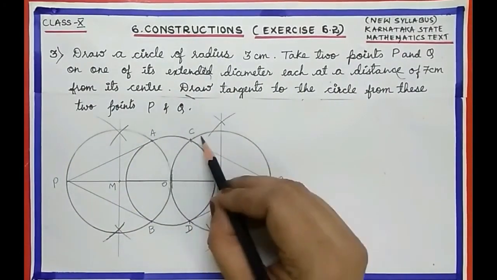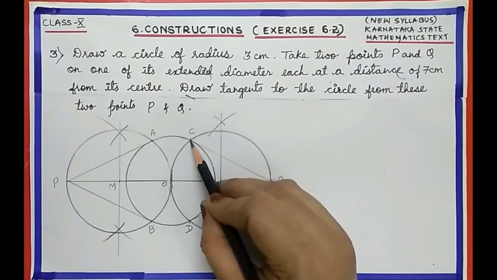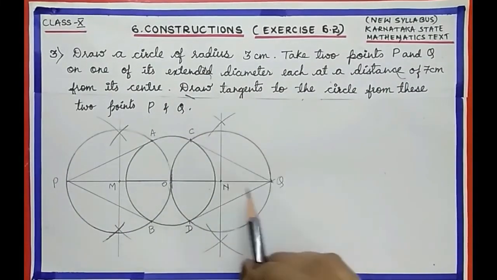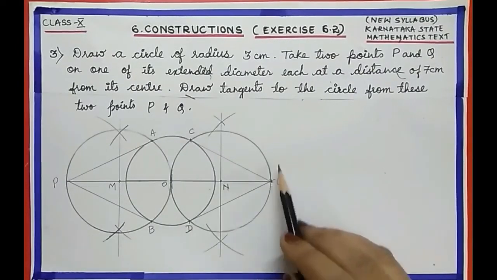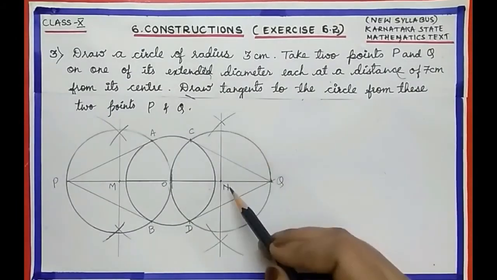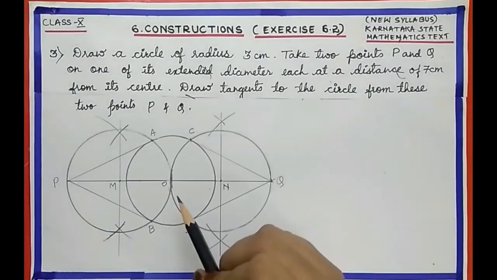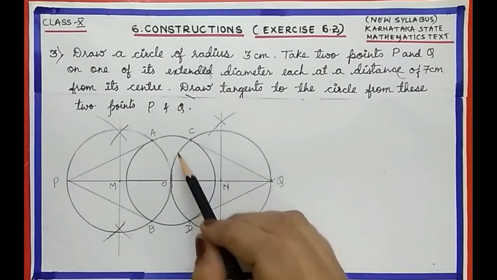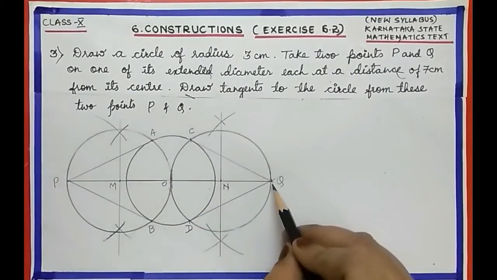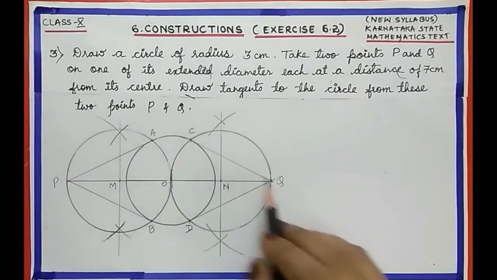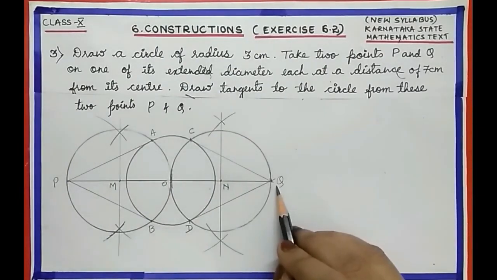And I have identified the points of intersection of these circles and named it as C and D. Then I have joined CQ and similarly DQ. This procedure is same as we have done on this side. So now we have constructed the tangents to a circle from the point P and Q, that is PA, PB, CQ, DQ are required tangents.